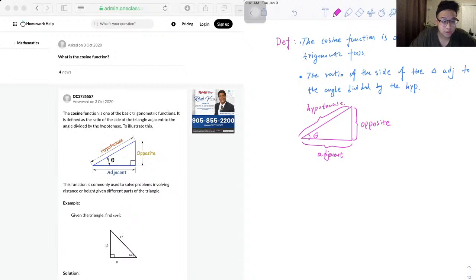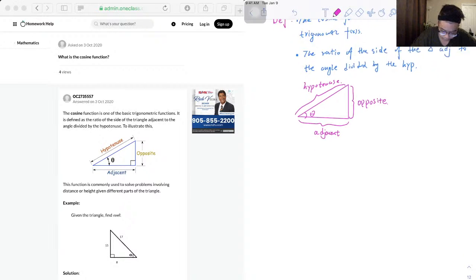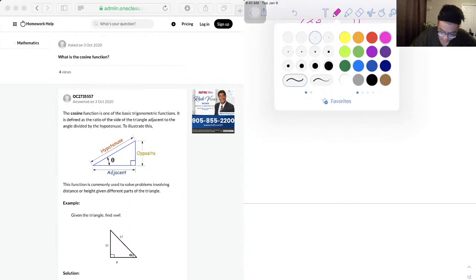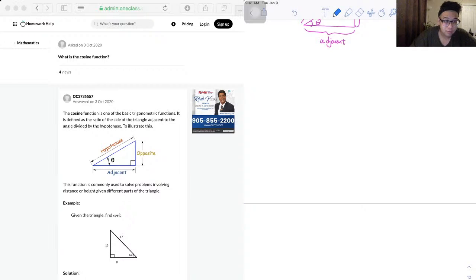And this function is commonly used to solve problems involving distance or height given different parts of the triangle. And now let's try this with an example. So if we have a triangle here, let me write down the graph.